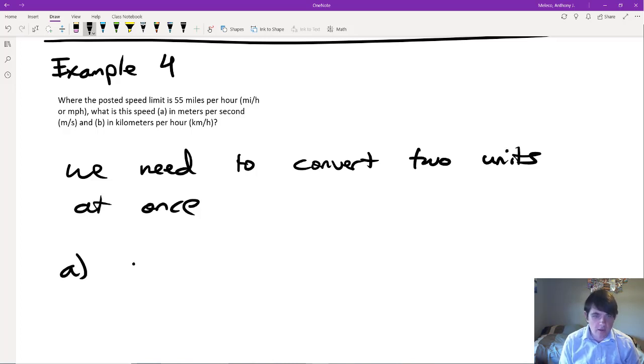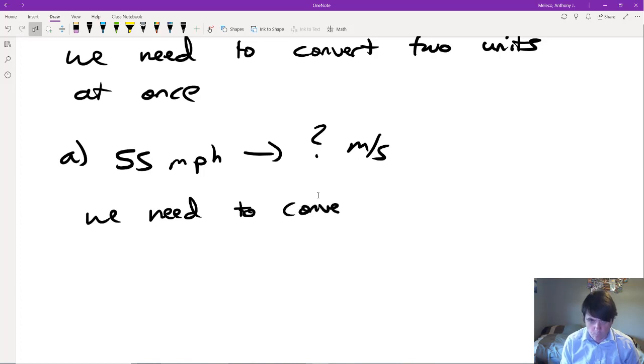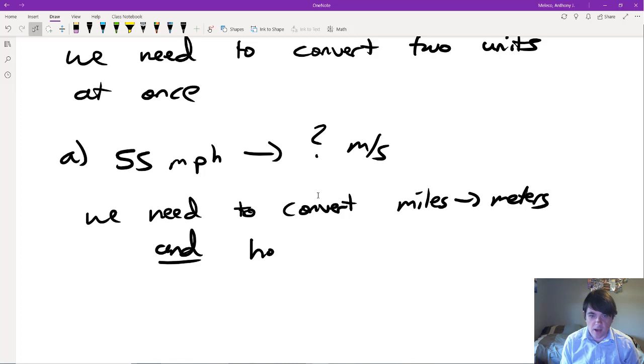For part A, it's 55 miles per hour into meters per second. So we need to convert miles to meters and hours to seconds. How do we do that?